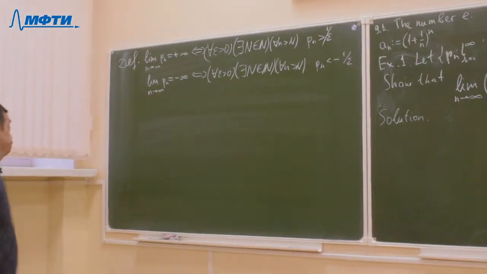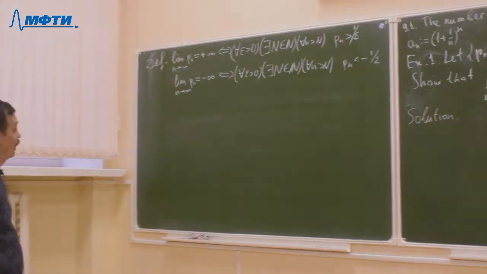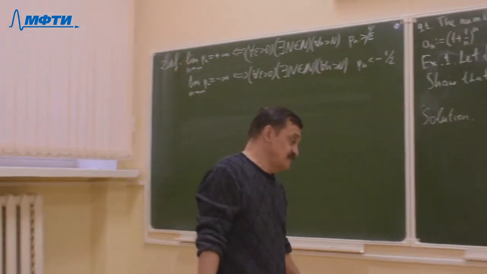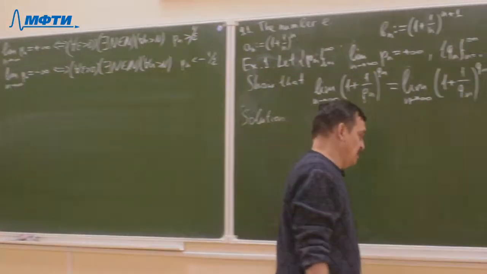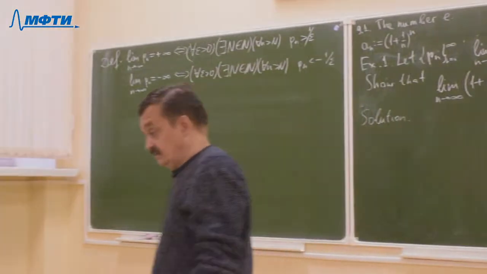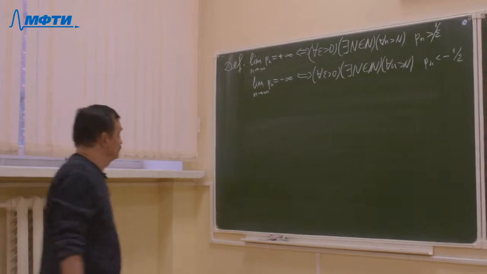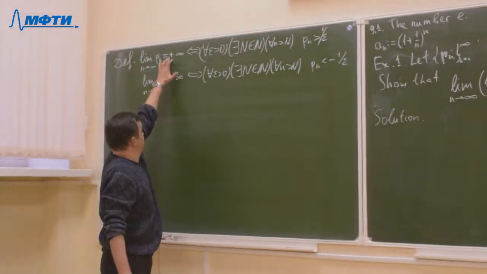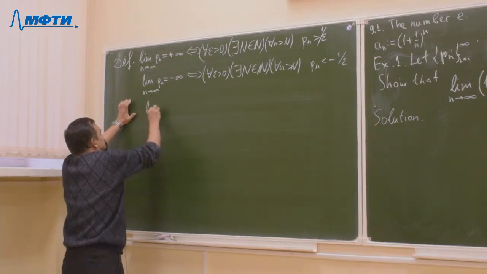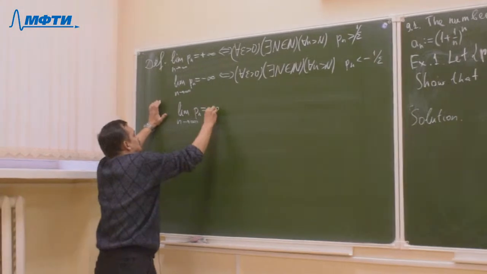And there is a difference between many textbooks in Russian and in English. And the difference is in this plus. So in Russian textbooks, you can also find such a definition.